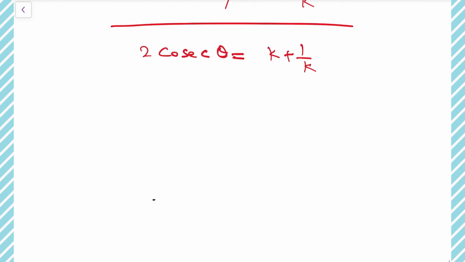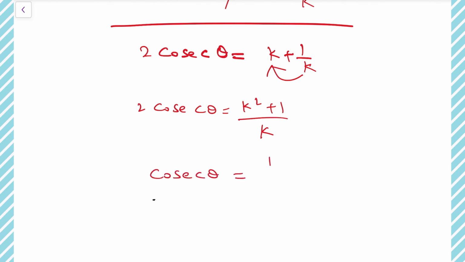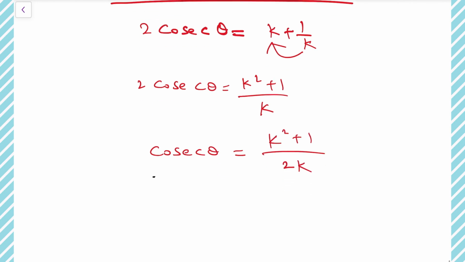So if we simplify this, 2 cosec theta equals (k square plus 1) by k. Not to confuse, this is just cross multiplication only. Taking 2 also to the right side now, cosec theta equals (k square plus 1) by 2k.